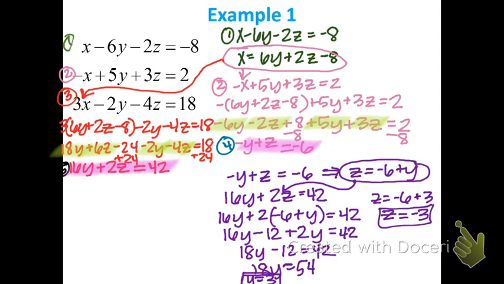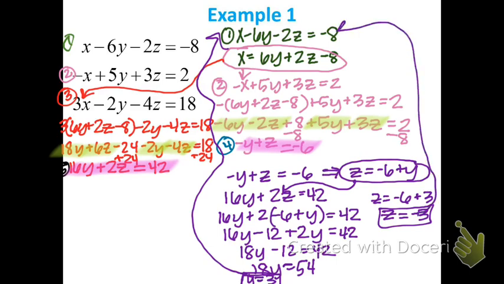Now we take our y and z all the way back to the beginning so that we can solve for x.